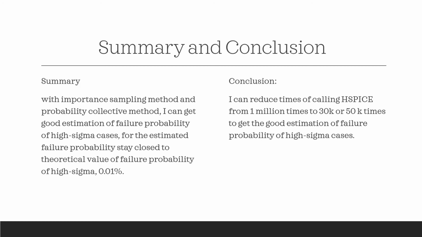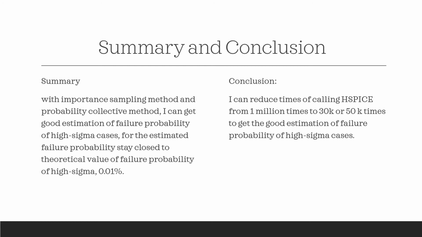Here is the summary and conclusion of the PPT presentation from the project. With the importance sampling method and probability collective methods, I have a good estimation of failure probability of high sigma cases of SRAM circuits, and their values are close to the theoretical value of 0.01%.